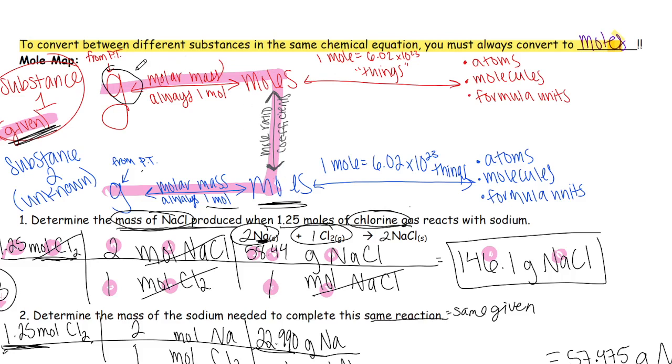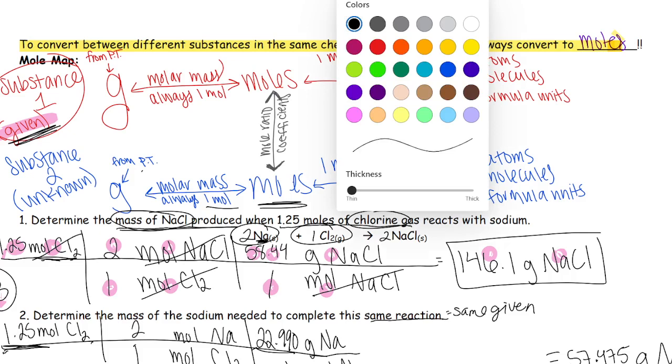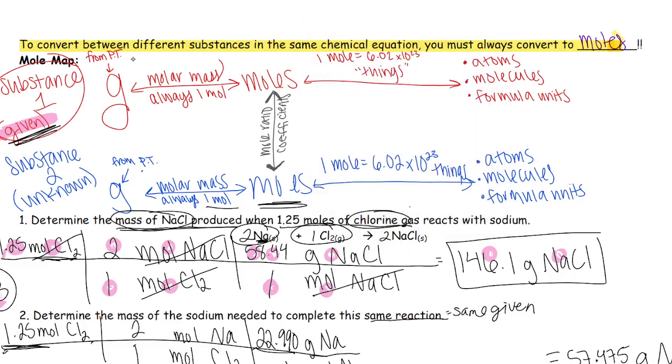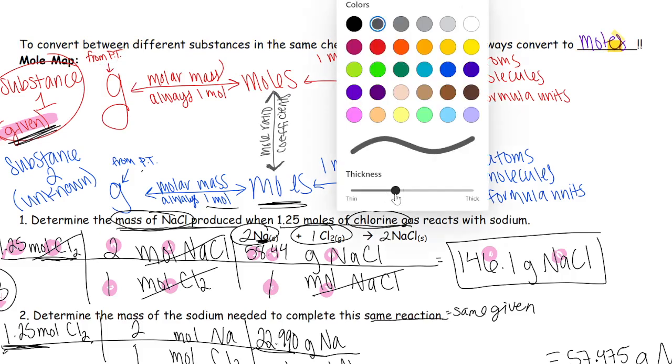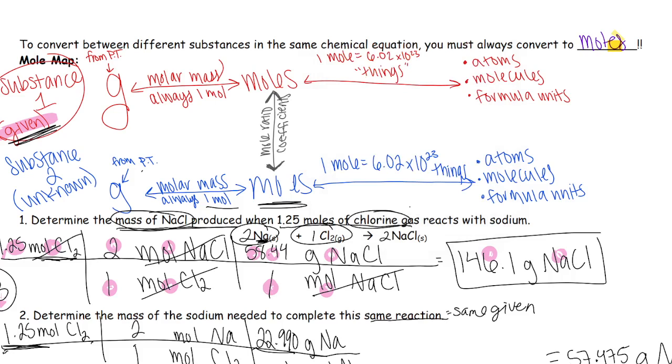What I want you all to do is on your notes, so that you see these as the destinations that I'm trying to get them to be, box in the actual units of everything. So from grams to moles, that is way too thick. I'm going to make it smaller. But I want you to box in what these things are. So grams will be a destination.